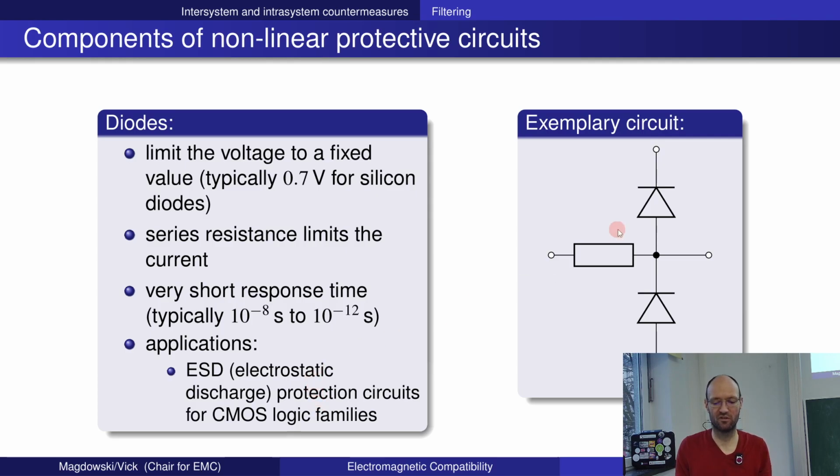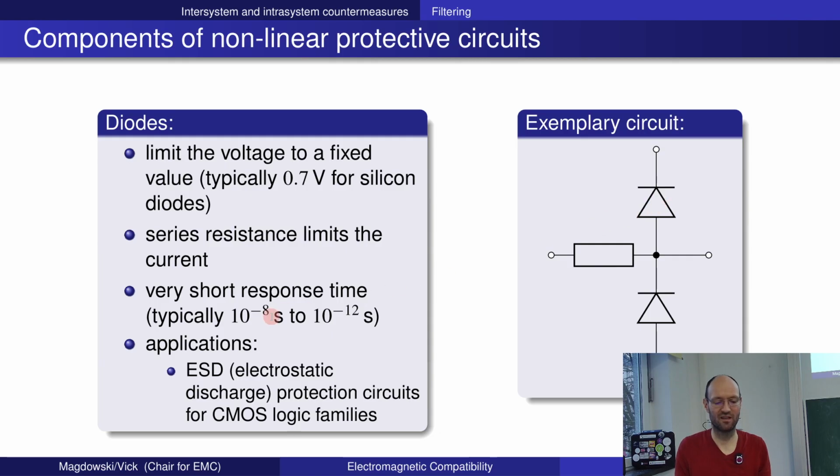The first one is diodes. The advantage of diodes is that they are simple, and they can also be directly placed, for example, on the silicon wafer of some chip. The disadvantage is that, at least if you put them on a chip, they cannot carry a high current.